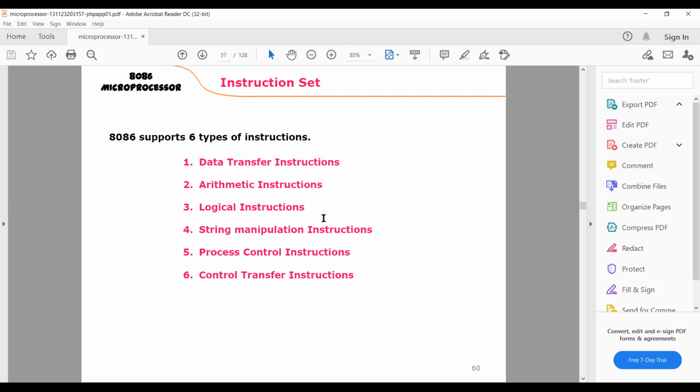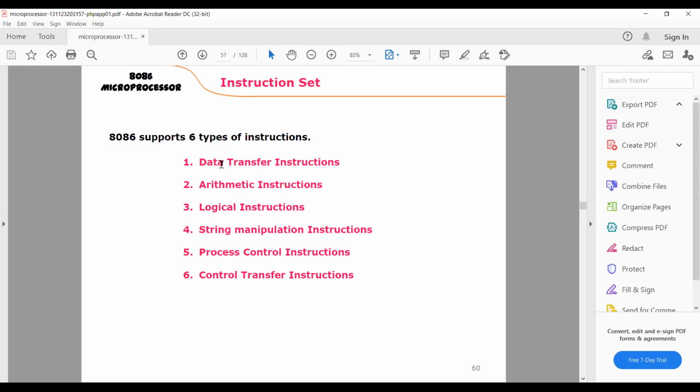Yesterday I sent you a document consisting of all the topics that were covered till yesterday. I'll stop here for today because even if I start this topic, we will not be able to complete it within the time.